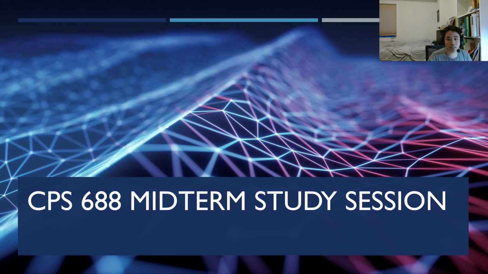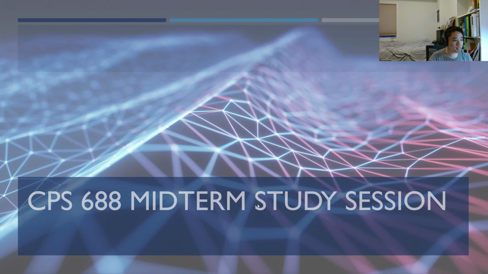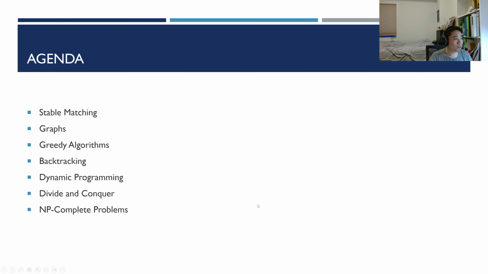So, this study session is going to give you all a nice little recap on everything we learned so far, so that you can also prepare for the midterms yourselves too. So, let's take a look at what we have here. We're going to take a look at stable matching, which is part of an introduction to the course.